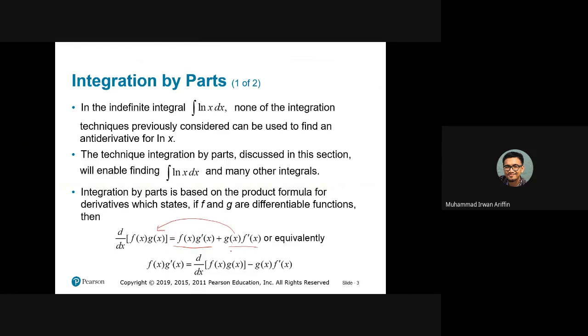So we have f times g prime equals the derivative of the product minus the original function g multiplied with f prime of x. We simply moved g(x) f prime(x) to the other side.